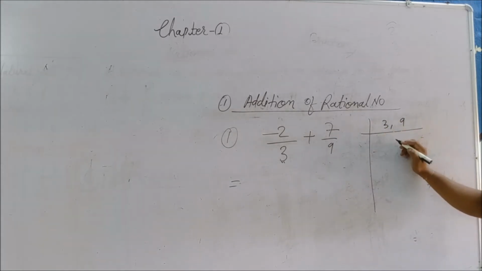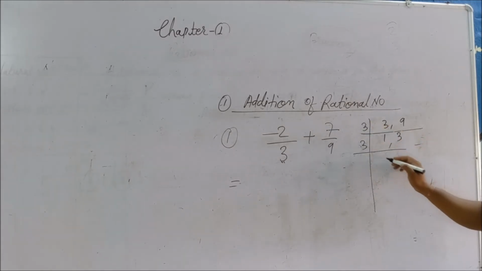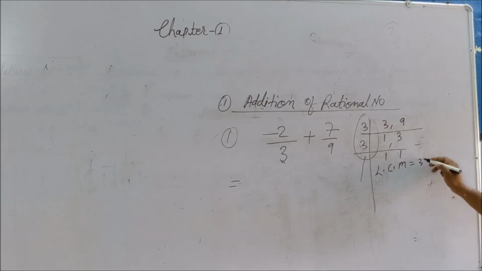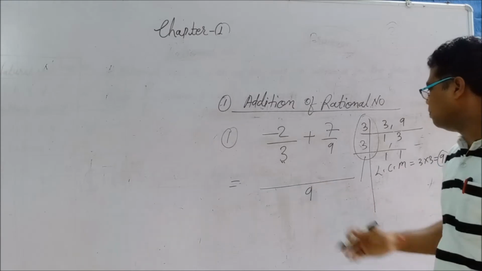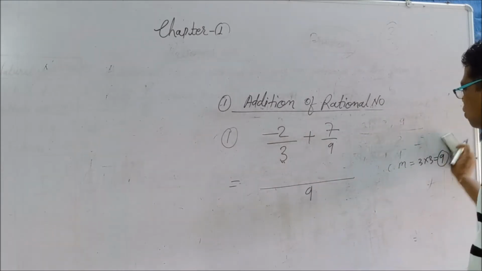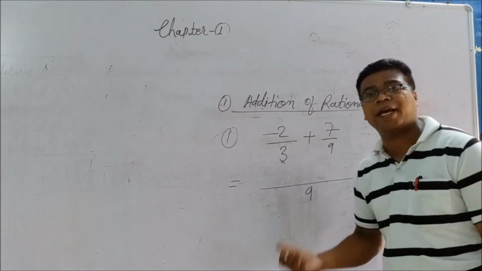Means we have to find the LCM of 3 and 9. See, very easy. 3 1s are 3, 3 3s are 9, and after that 3 1s are 3. So what is the LCM coming here? My LCM is 3 into 3, that is 9. So we just write down 9 here. Means the common denominator is 9.